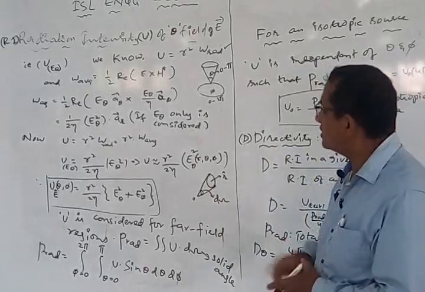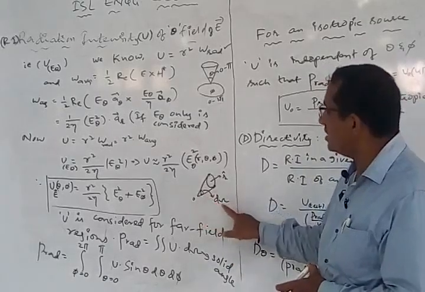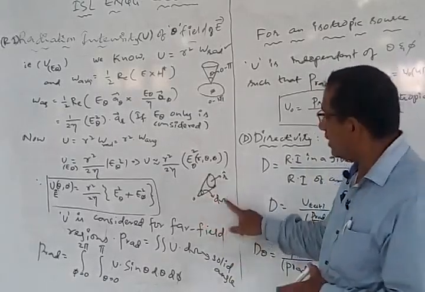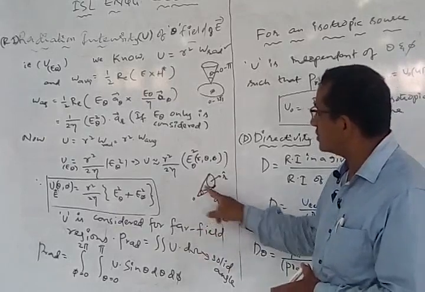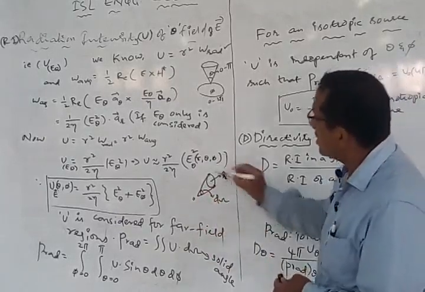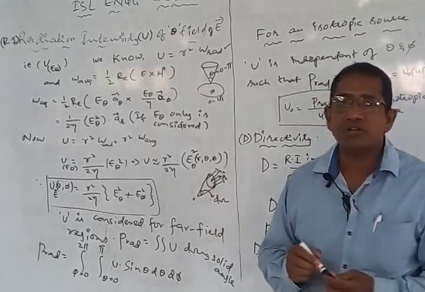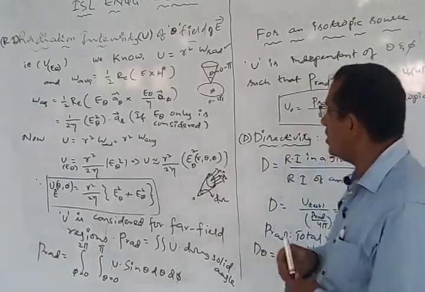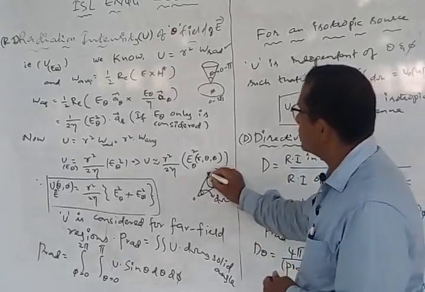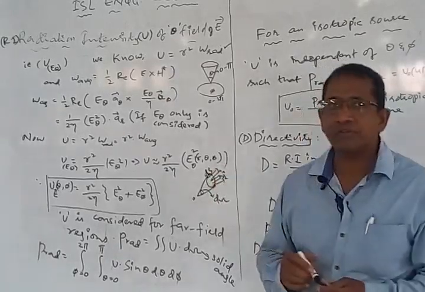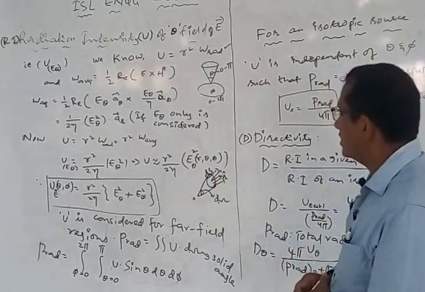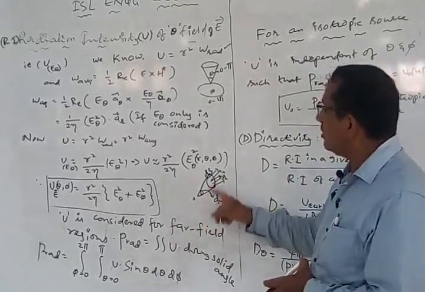This angle is nothing but the solid angle. We have to integrate with respect to the solid angle because we are interested in finding the power radiated from this particular region under consideration. So we are considering this region as a differential surface area, and therefore we are going to integrate over these two.